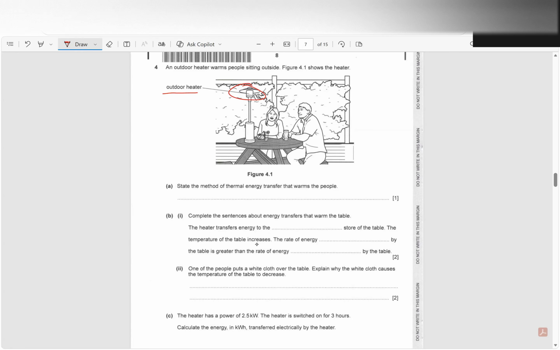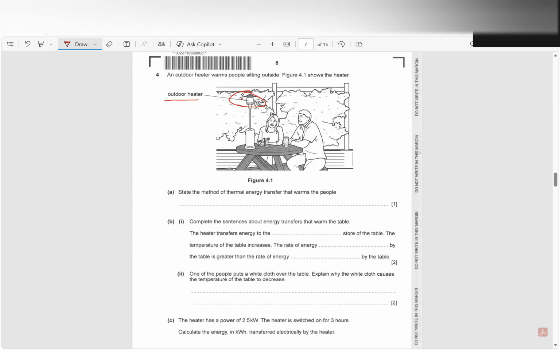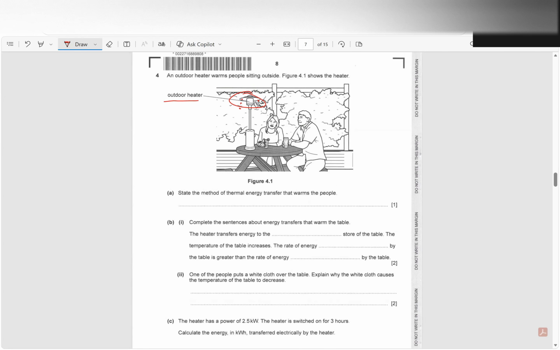What about convection? When we talk about convection, it takes place in fluids, right? In this situation, the heater must be surrounded with air particles that are going to take the heat from the heater, absorb it, and accordingly warm up the surroundings. But then again, is convection going to be the right method? The answer is again, no. Why?